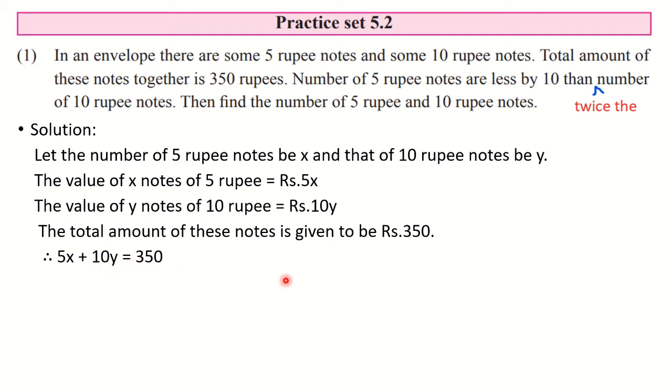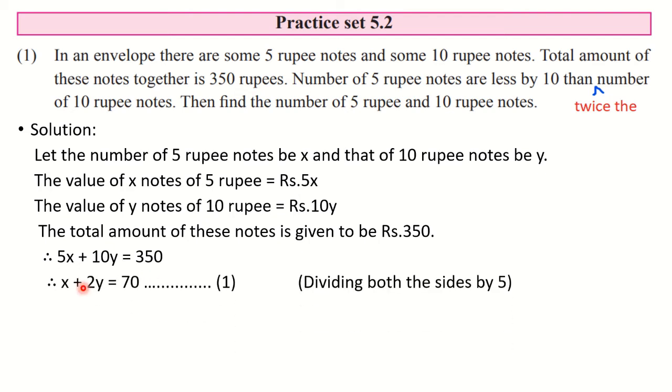But don't number it as 1 in hurry. What we can observe here is we can reduce this equation to the simpler form. You will find that here every coefficient is divisible by 5. So divide both the sides of the equation by 5. Every term you divide by 5. And then you will get the new equation as x plus 2y is equal to 70.